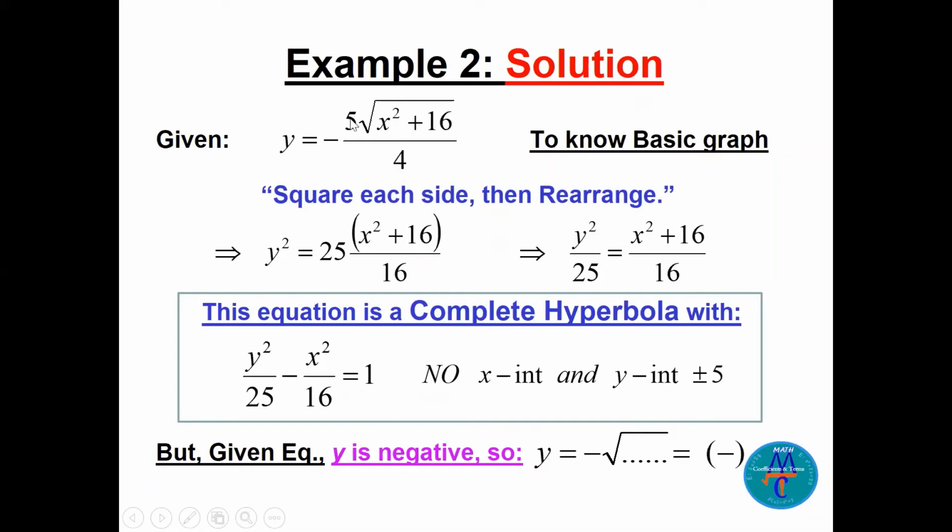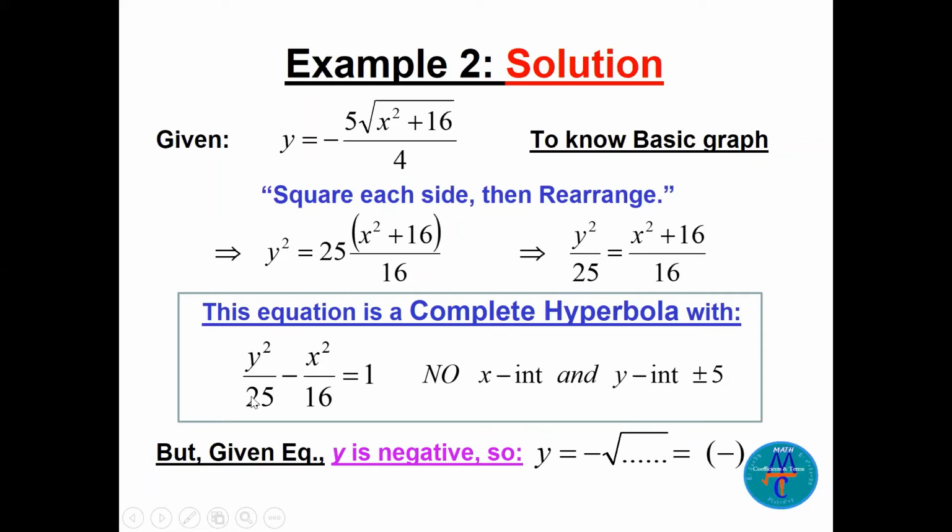This is 16, 25, and we remove the square root. Rearrange it: y squared over 25 is equal to x squared plus 16 over 16. Rearrange it more until you get y squared over 25 minus x squared over 16 is equal to 1. See, this one has no x-intercept, only y-intercept plus or minus 5.